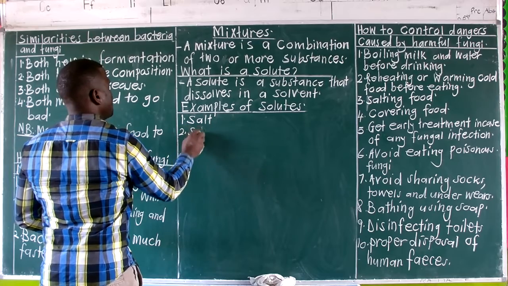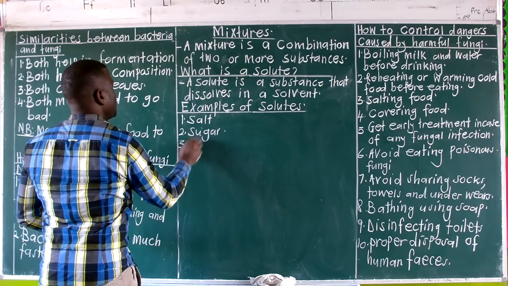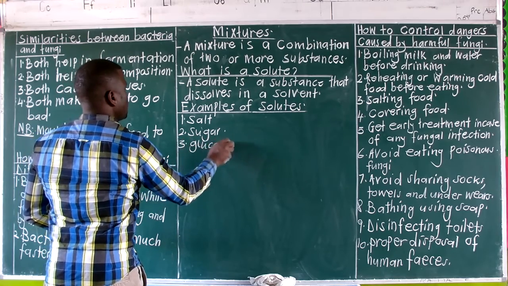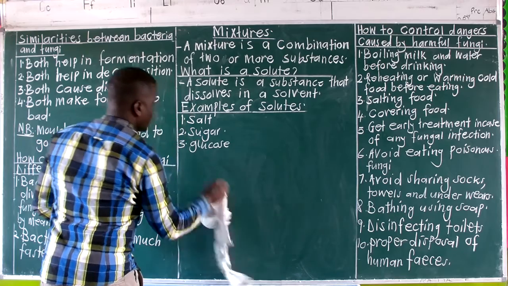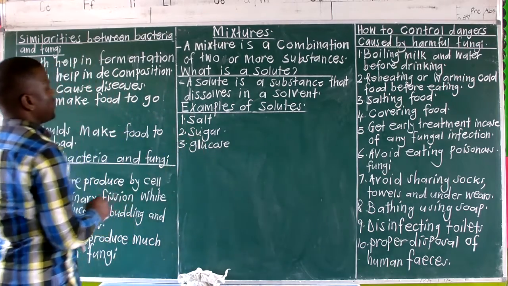Number two, we have sugar. And then number three, we have glucose. Glucose is a solid.